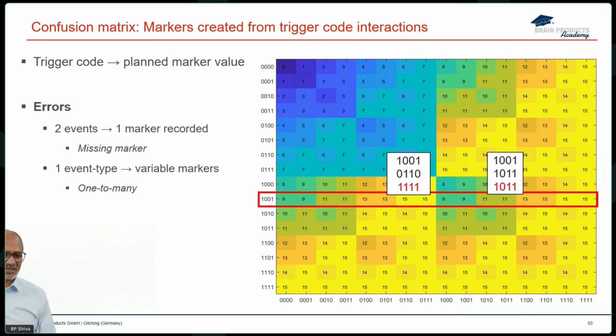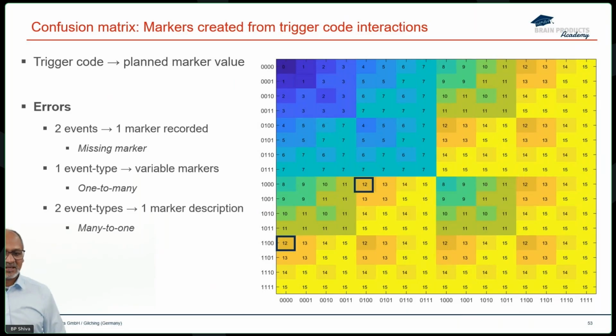Second is that the same event can have many different markers. So sending a 1001, you expect a marker, say S9, but sometimes it can be S11, 13, 15, based on other trigger codes that might be arriving at the same time. So this is a violation, again, of a one-to-one mapping, because one trigger code can result in many possible outcomes.